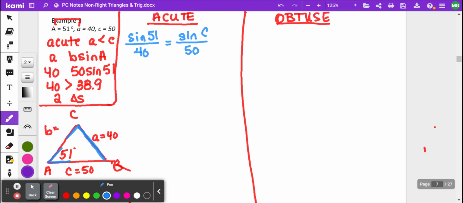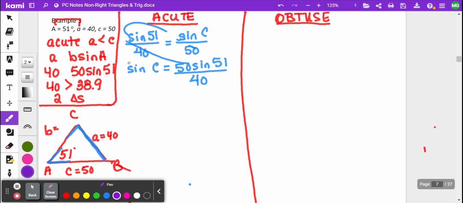We're going to have to cross multiply as we always do and then divide. So I'm just going to jump to the chase. The sine of angle C equals 50 times the sine of 51 divided by 40. Remember, that would have said 40 times the sine of C; we just divided to the other side.